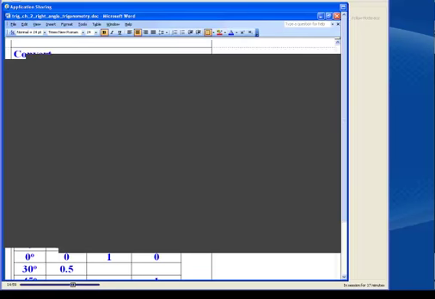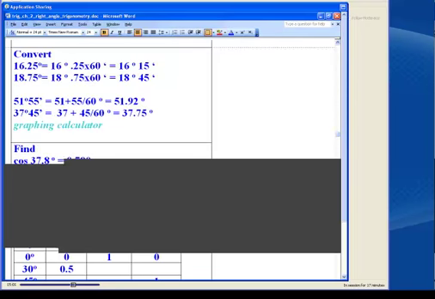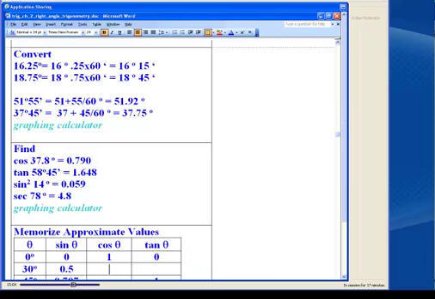So this is 0.707, memorize it, 0.866, memorize it, 0.866, 0.707, and this one is 0.577, and this one is 1.732.